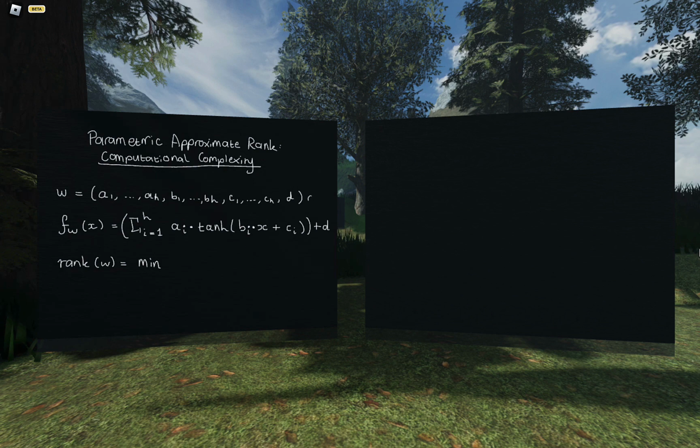I need one more piece of notation here. This parameter space is called WH. I need the minimum number of hidden units such that you can implement the same function using some parameter in that parameter space with that number of units.